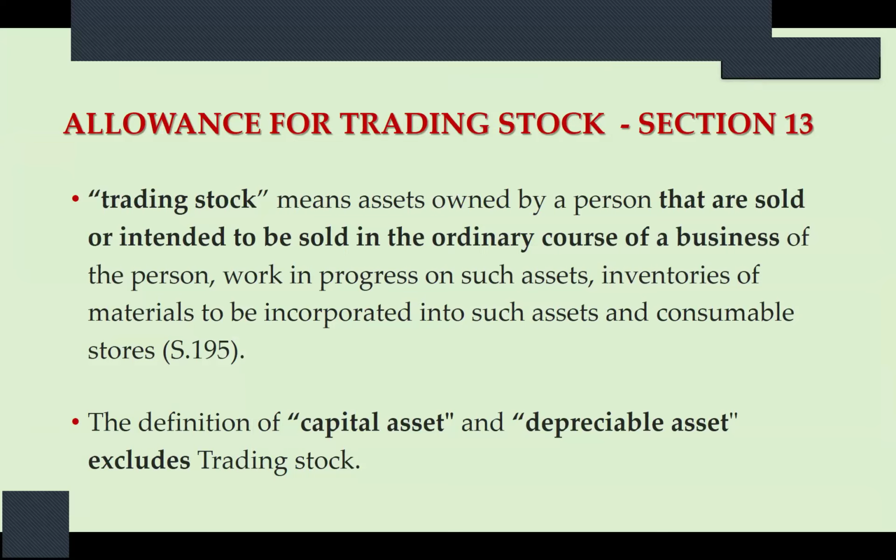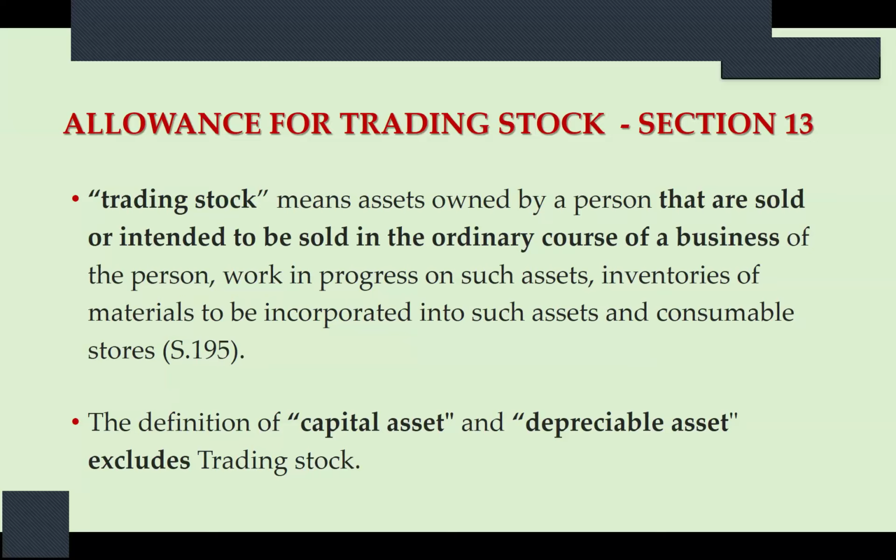Trading stock means assets owned by a person that are sold or intended to be sold in the ordinary course of a business. That means in the business sector, if that business is selling some goods, not the services, but goods, that means that business has a trading stock.